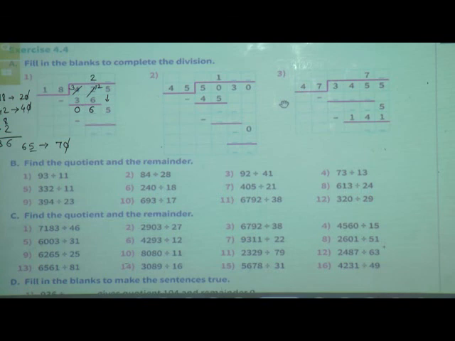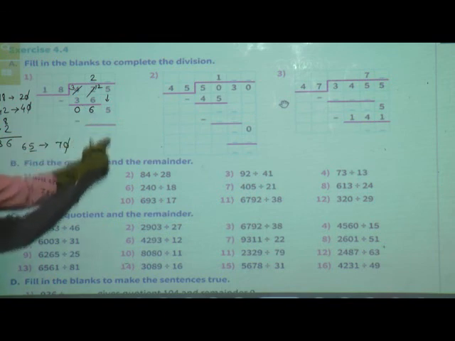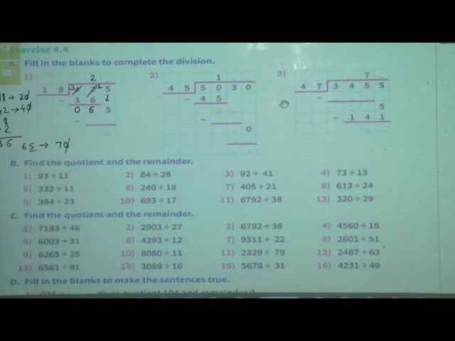Okay, now 4 eights are 32. Write 2 here, 3 will be carry. 4 ones are 4. 4 plus 3, 7. So 72 is greater than 65. So 72 will not go into 65.